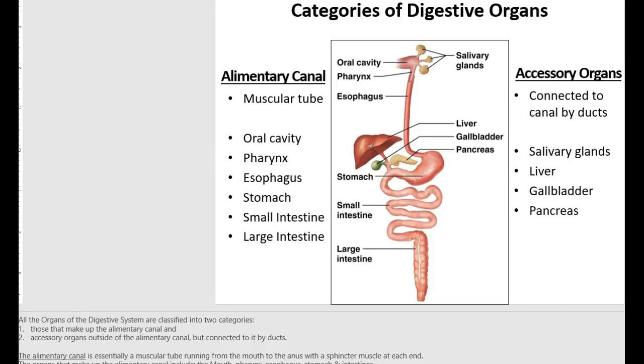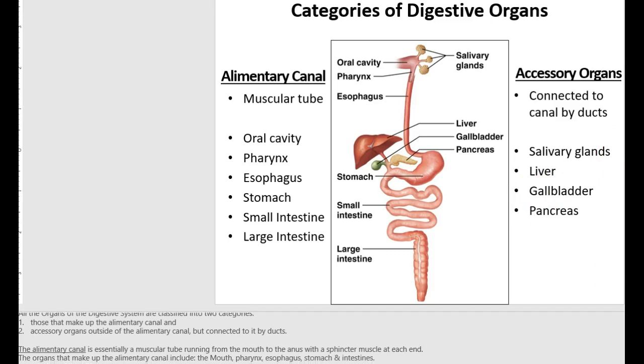All of those digestive organs can be classified into 2 categories: those that make up the alimentary canal and second, accessory organs outside of the alimentary canal. But these accessory organs are connected to the canal by ducts. The alimentary canal is essentially a muscular tube running from the mouth to the anus with a sphincter muscle at each end.